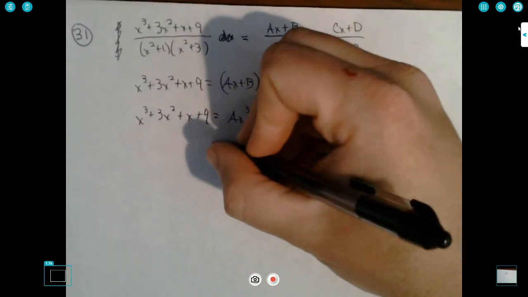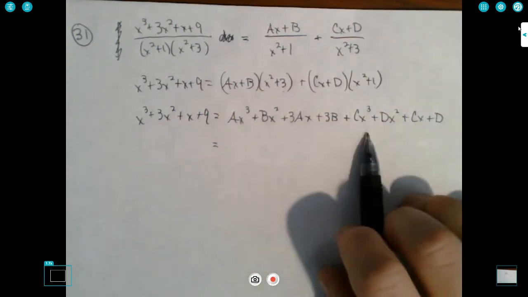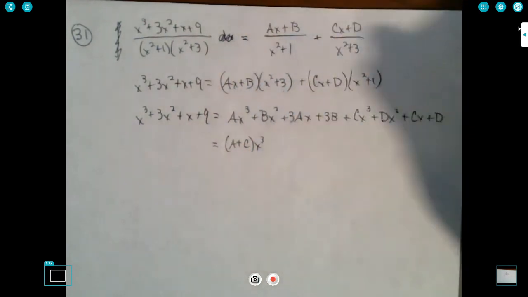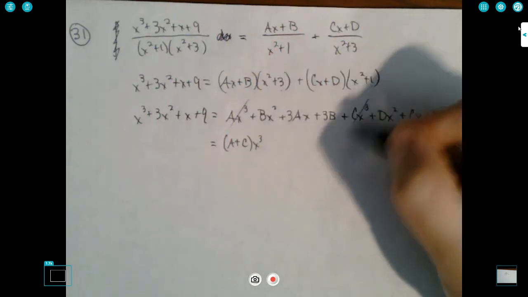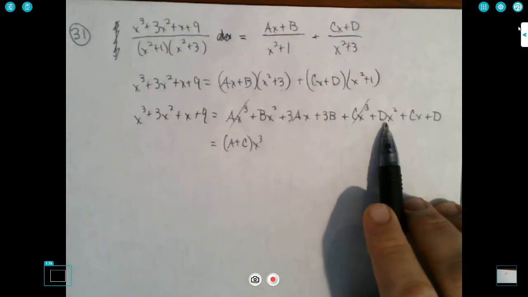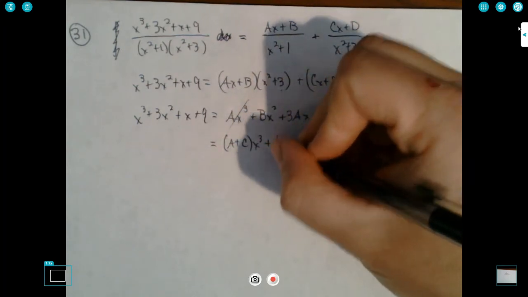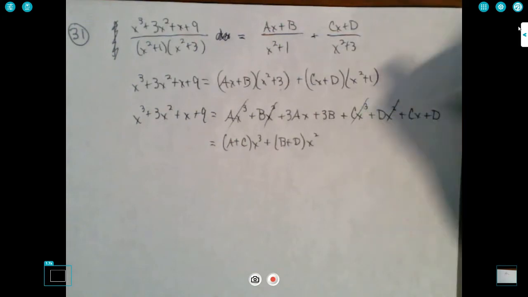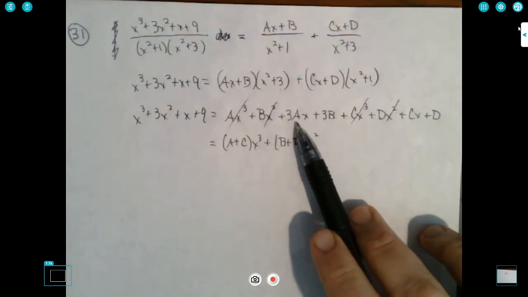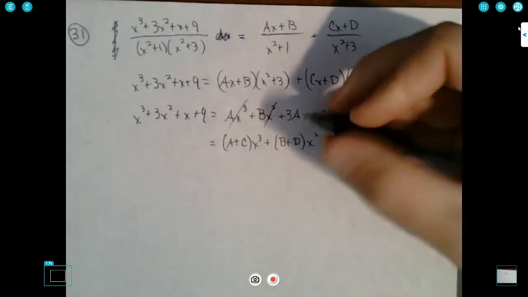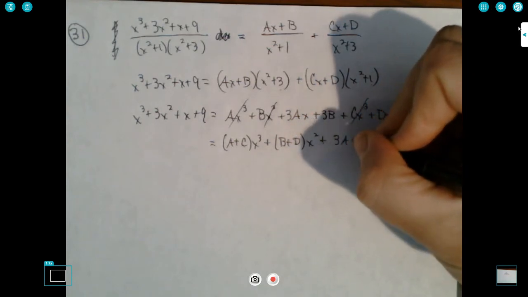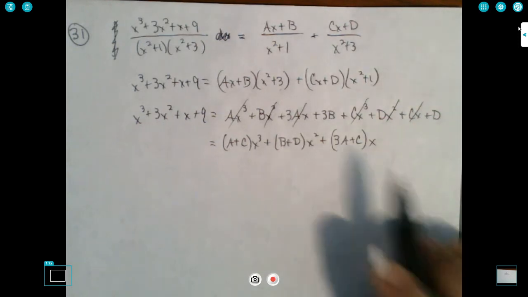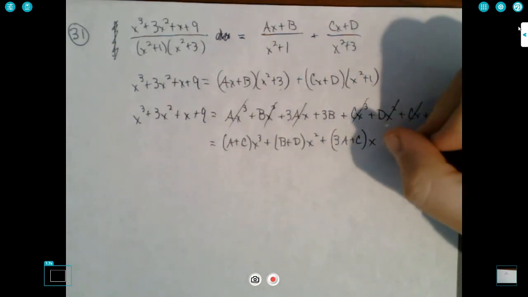So I'm going to collect like terms now. I've got an a and a c, so a plus c x cubed. For my x squareds, I'm going to have a b plus d. For my x's, I'm going to have a 3a and a c. And then for my constants, a 3b and a d.